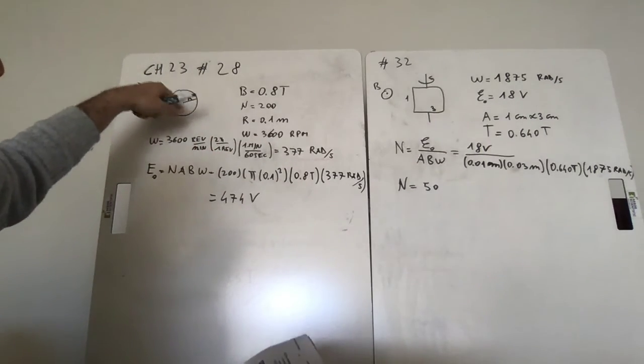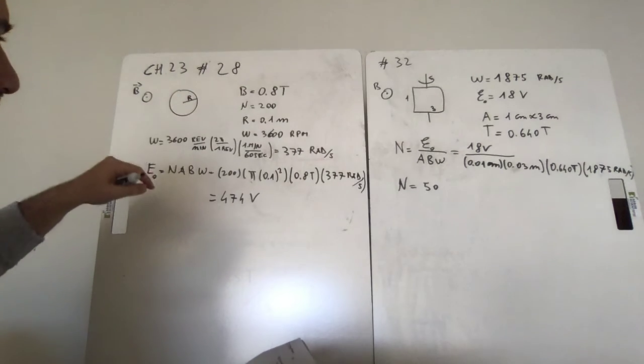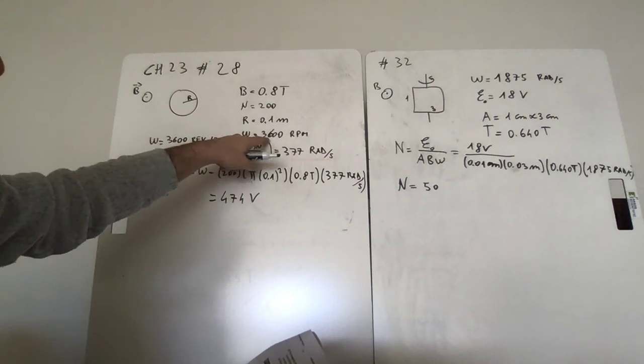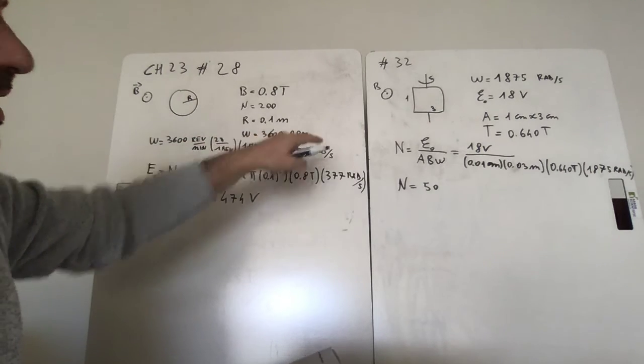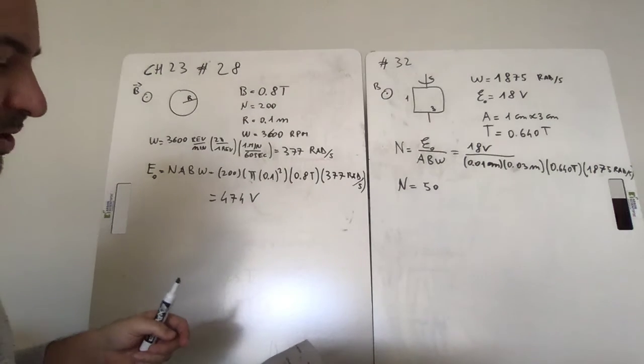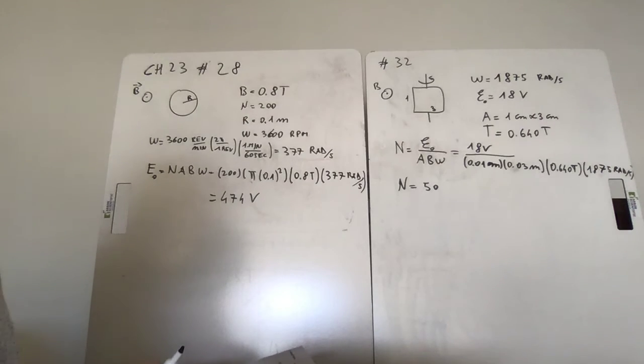This coil is immersed in a magnetic field of 0.8 Tesla. This generator, this coil, rotates at a speed of 3,600 RPM, which is revolutions per minute. The question is, what is the peak voltage of this generator?